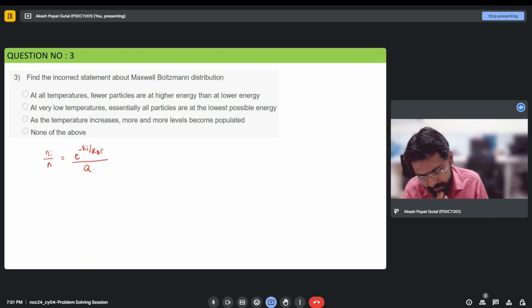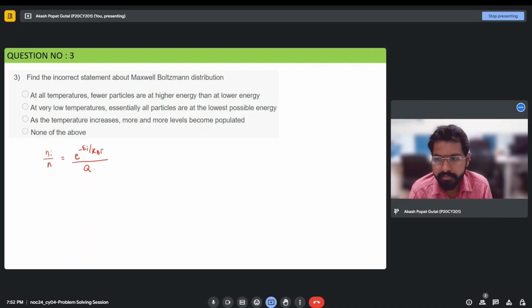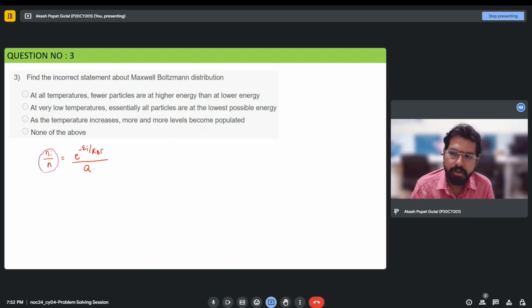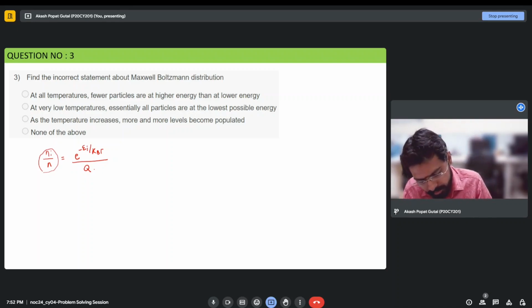What will change is epsilon i. The higher the energy level, the higher epsilon i will be, and then e raised to minus epsilon i divided by kBT will be less. So this Ni by N factor will be less for the higher energy levels, which means you will have a distribution.